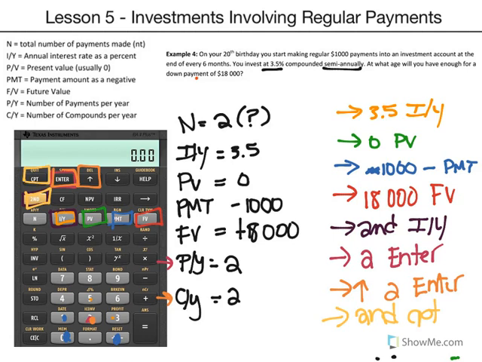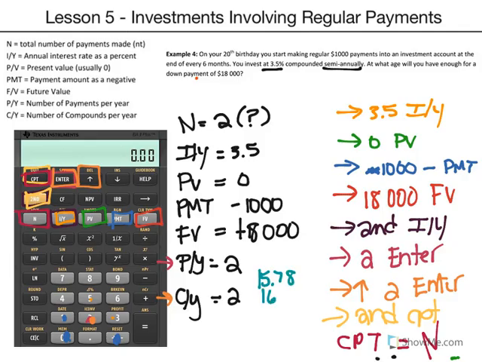And that's all done now. So now we want to compute our answer. So we're going to hit compute, and we want to hit N. And what you should get is 15.78.